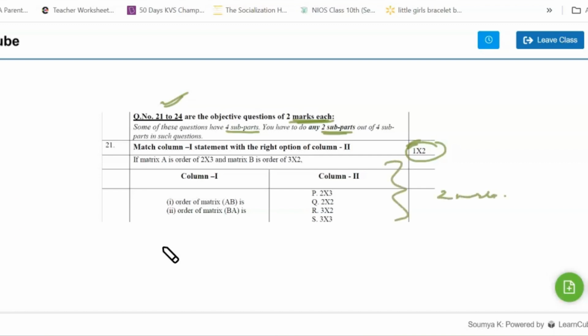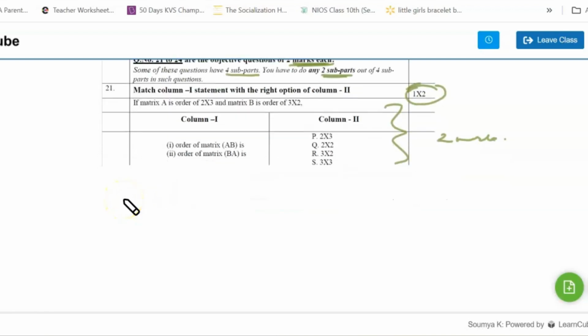So let's solve it. First, it is given that it is from the topic matrix, and the question is: match column 1 statement with the right option of column 2. If matrix A is of order 2 by 3 and B of order 3 by 2, then you have to find the respective answers. The order of matrix AB, and next, the order of matrix BA.